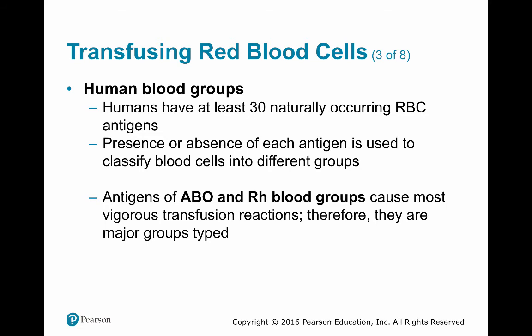So you can have one type of protein that's an A antigen, another type that's a B antigen, and the O means that there are no antigens present. Those are all dictated basically by your genetics from your parents. So if an antigen is foreign to you, your body is going to produce an immune response against it.